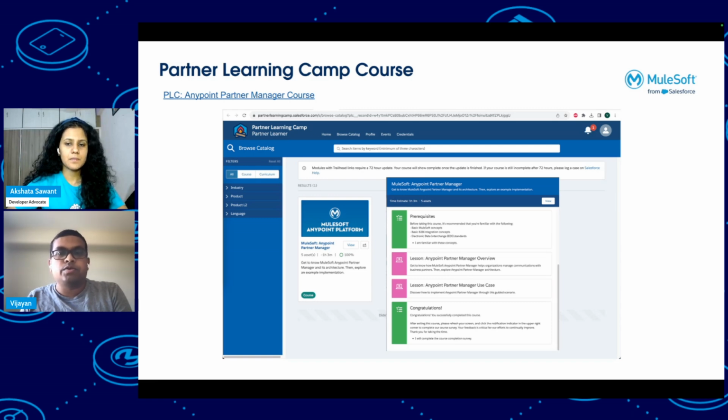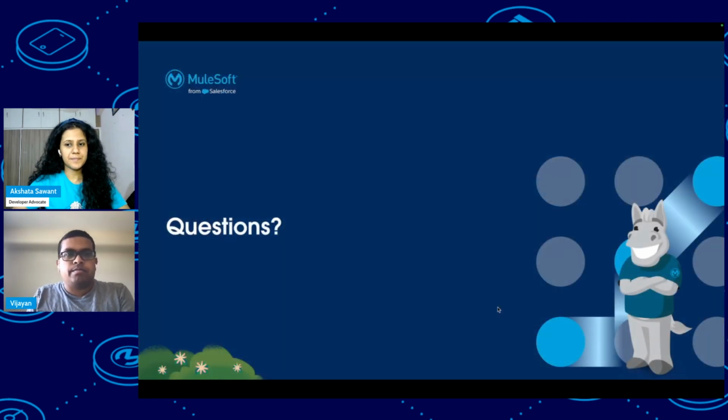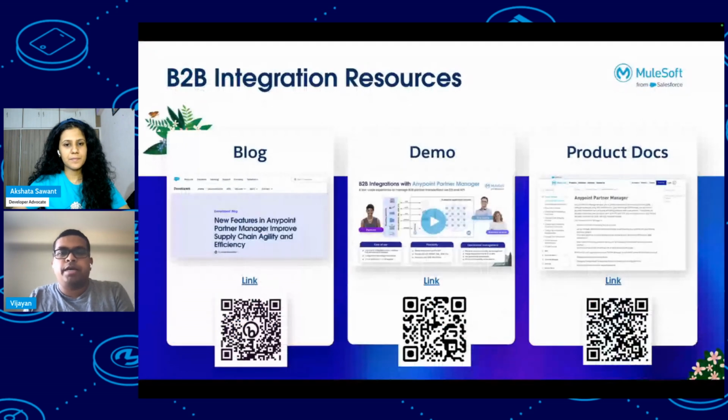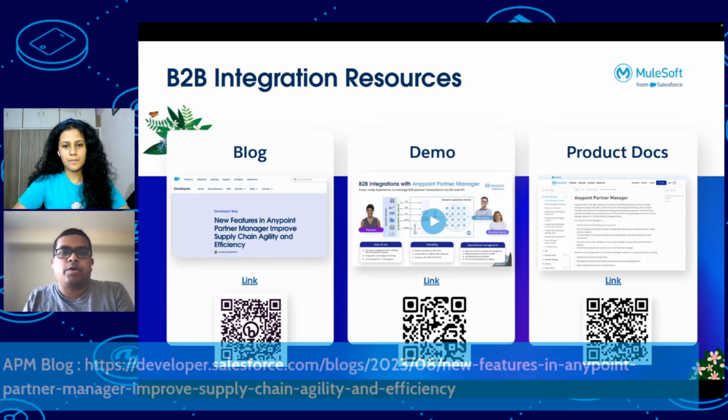So you can use this information to set up Partner Manager in your own Anypoint organization account. And there are a few resources that you can scan, you have seen a lot of these already, to further your learning of Anypoint Partner Manager.